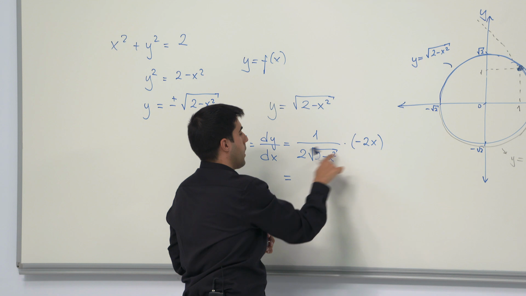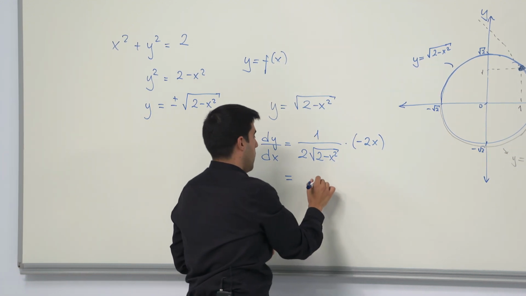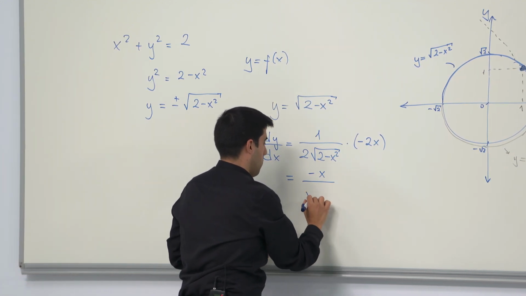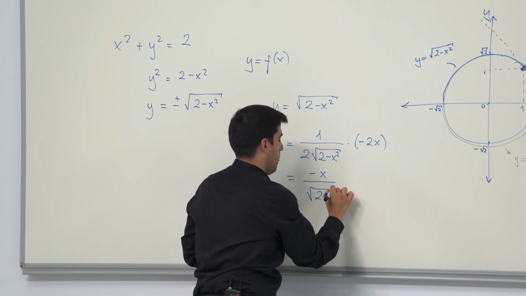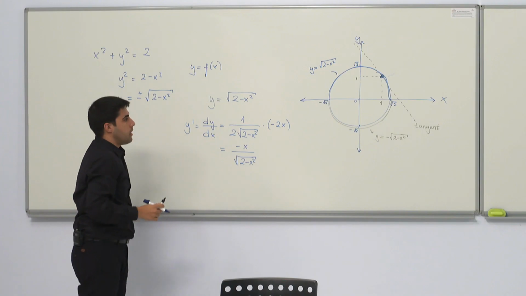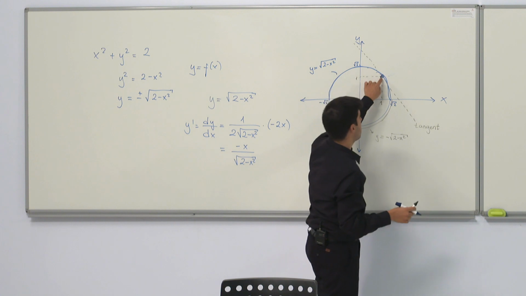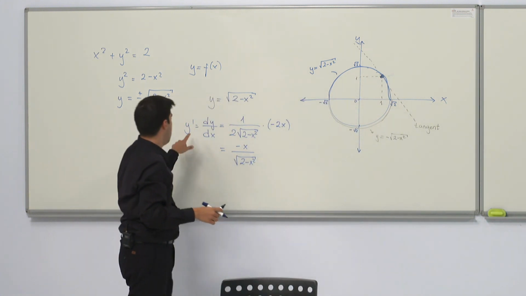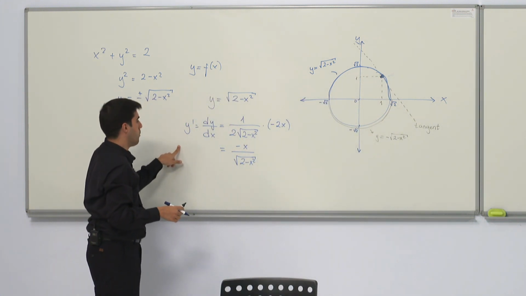That is, we can cancel out the 2's to obtain minus x over square root of 2 minus x squared.